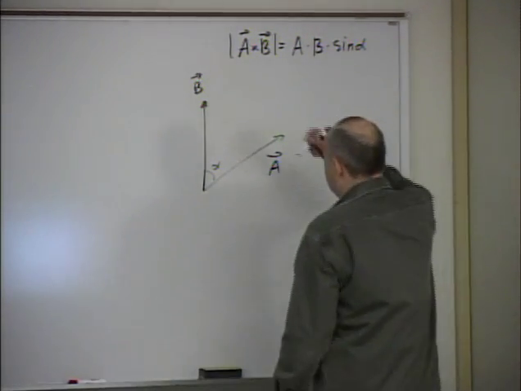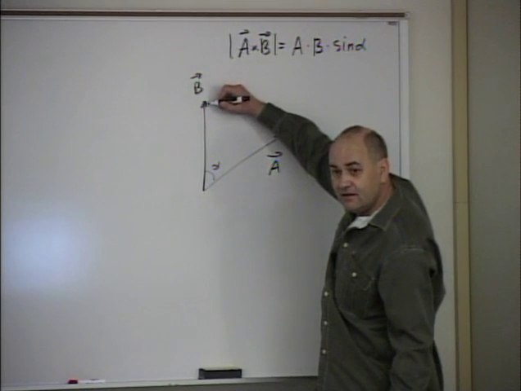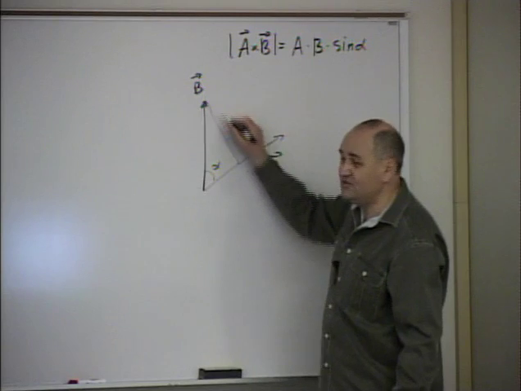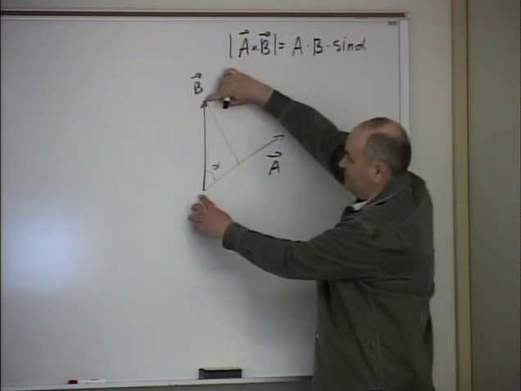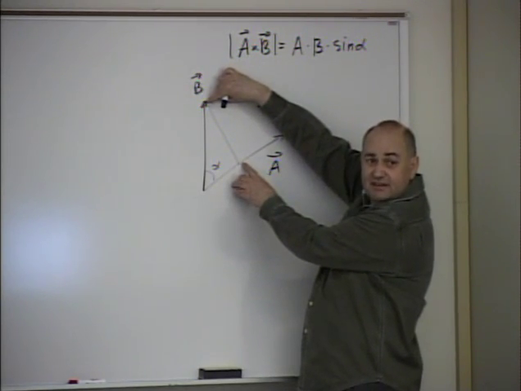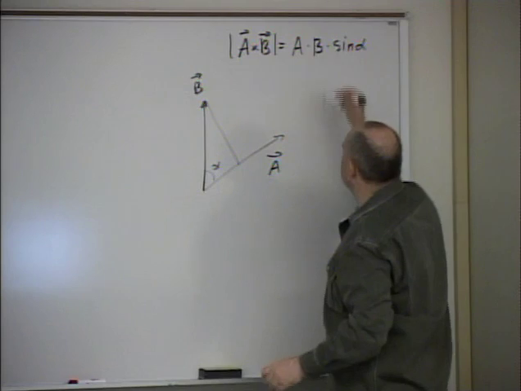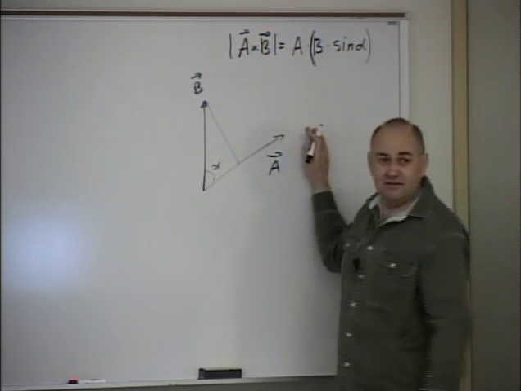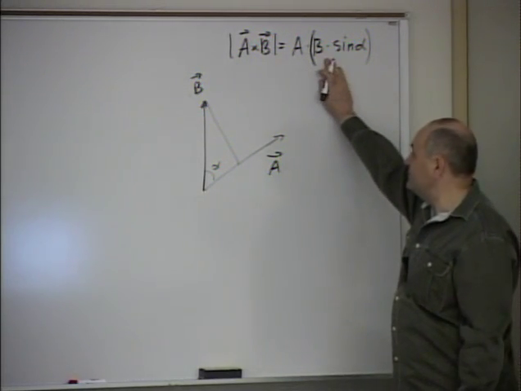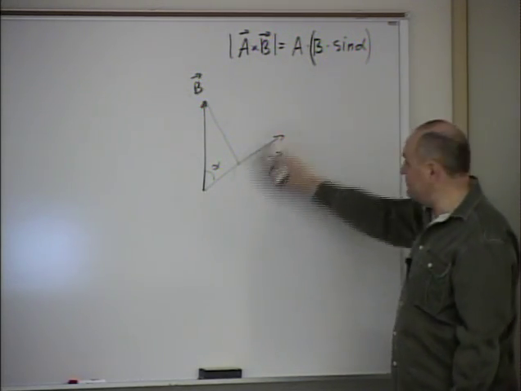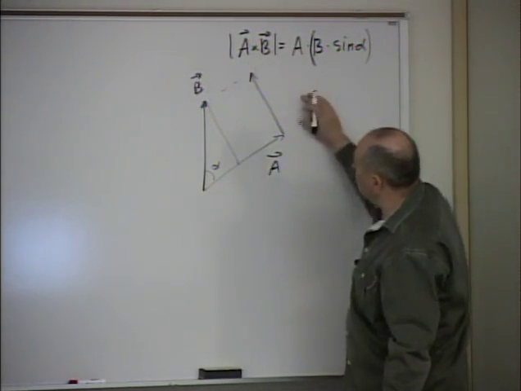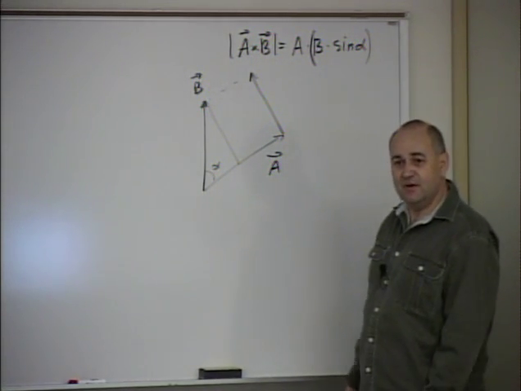Well, I'll show you what I'm going to get. We have to imagine a right triangle. The length of this multiplied by the sine of this angle will give me this length. Do you see that? If I combine it that way, this product is the component of vector B perpendicular to vector A. Do you understand me?